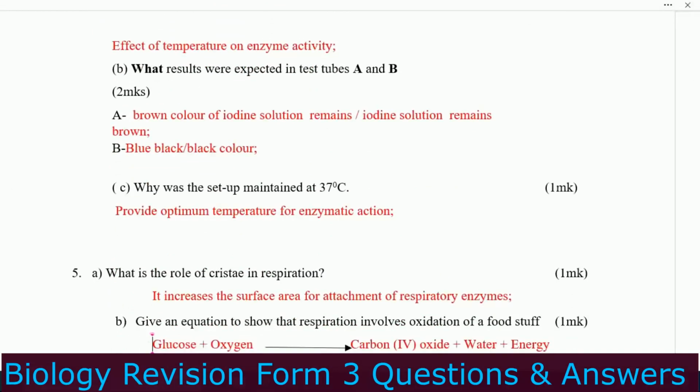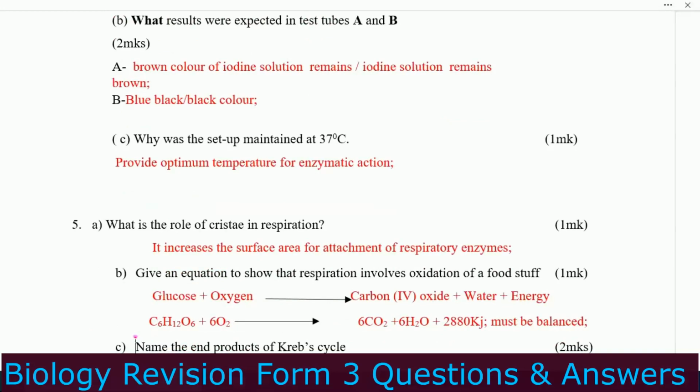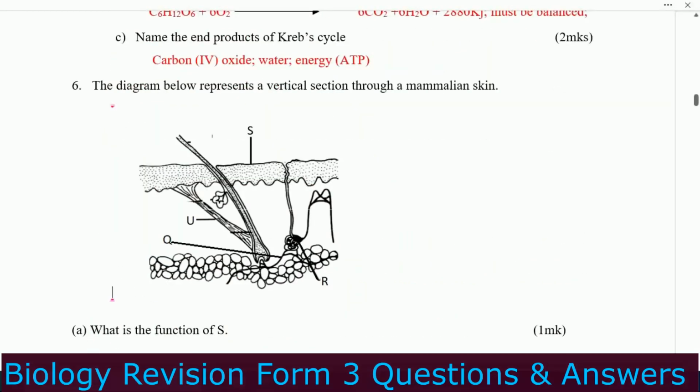A brown color of iodine solution remains in test tube A. Iodine solution remains brown. What about B? On B, it turned blue-black. Why was the setup maintained at 37 degrees Celsius? To provide optimum temperature for enzymatic action.